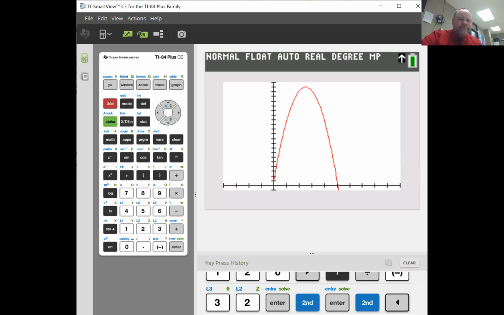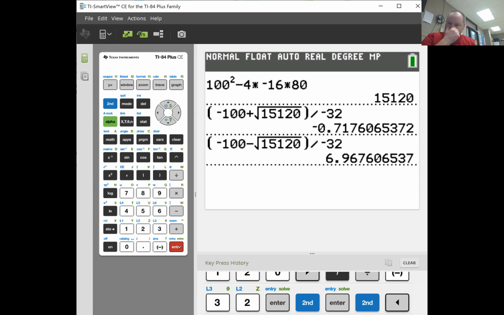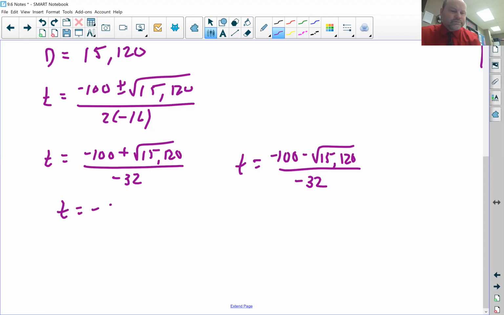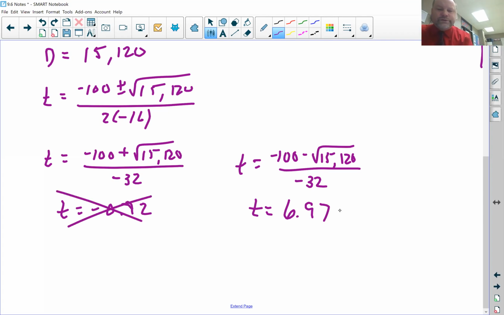That's not what I wanted. And we get 6.97. And remember, this negative one we throw out. So it hits the ground 6.97 seconds after it is launched.